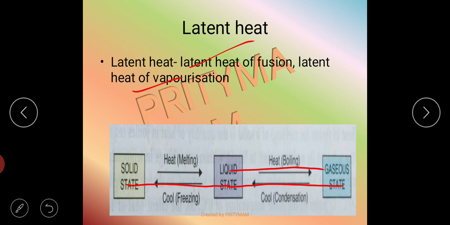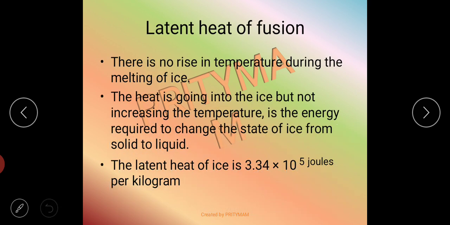Now let us discuss both of these types in detail. First, let us discuss the latent heat of fusion, meaning how a solid changes to a liquid.